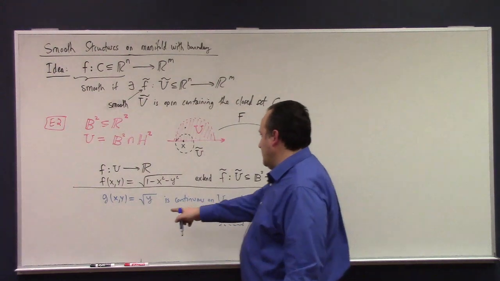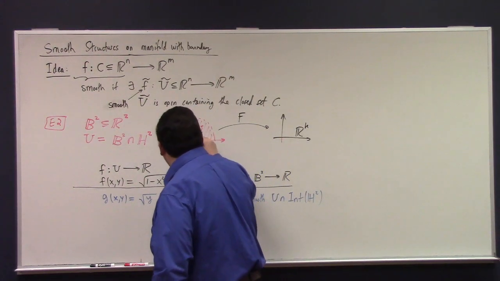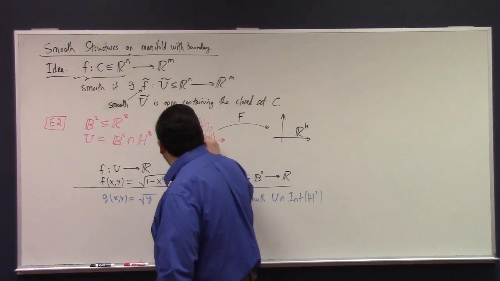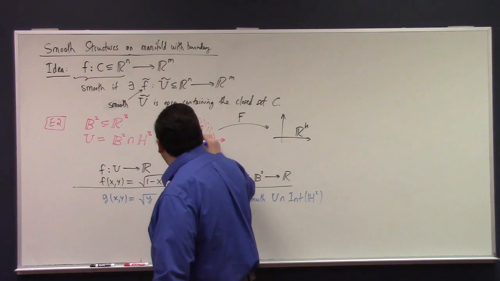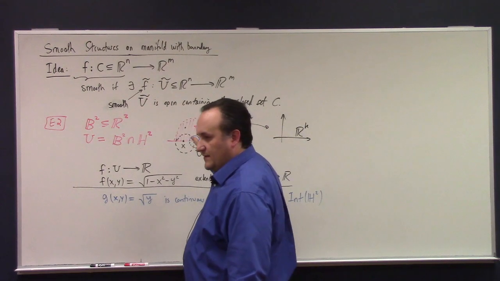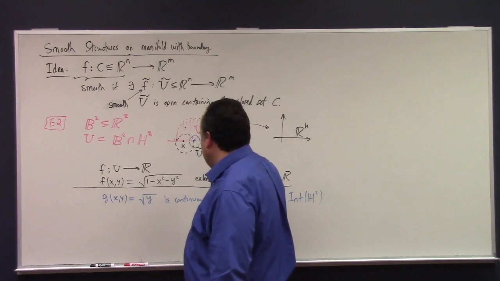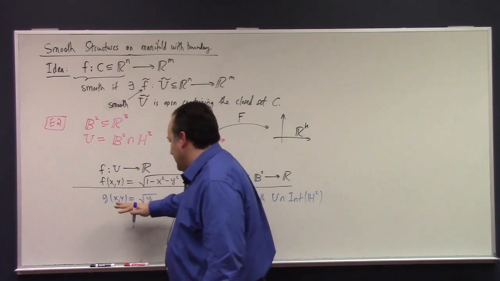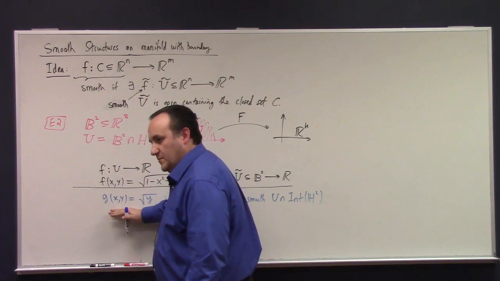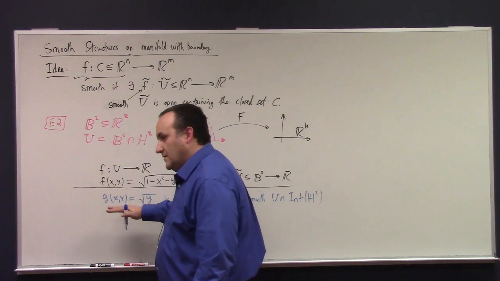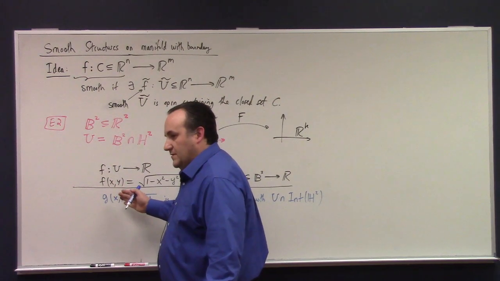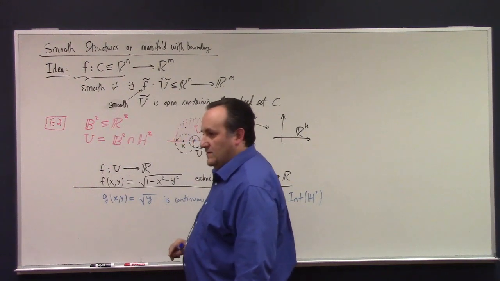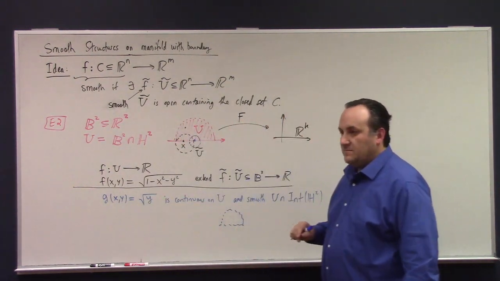If you look at the origin and you pick any open neighborhood, doesn't matter how small you make it, it's impossible to have a neighborhood where this is smooth, because this has a vertical tangent at 0. 0 is in every open neighborhood of the origin. So it's impossible to find a smooth extension of this guy. This is not a smooth function on U.